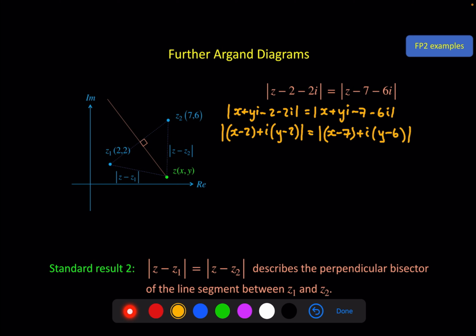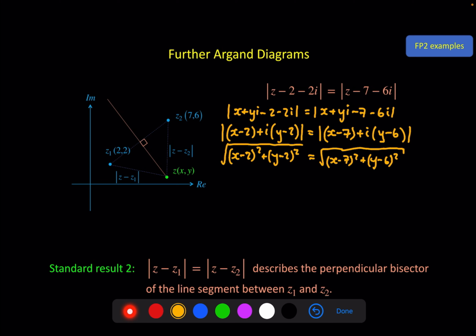And again, to do that, we square both the real and the imaginary parts, add them together and square root them. So we've got the square root of x minus 2 squared plus y minus 2 squared here is equal to the square root of x minus 7 squared plus y minus 6 squared here.